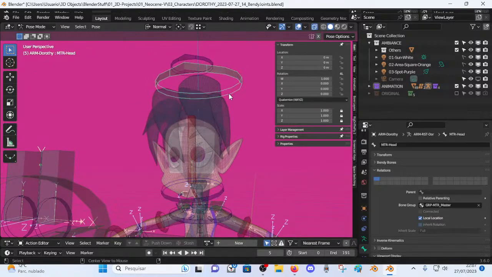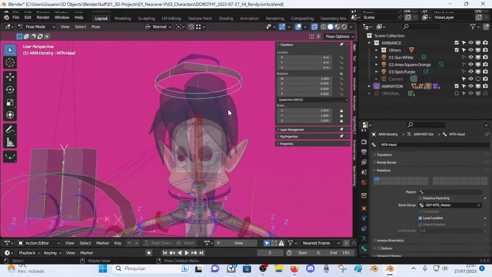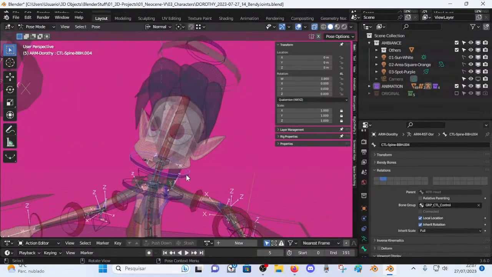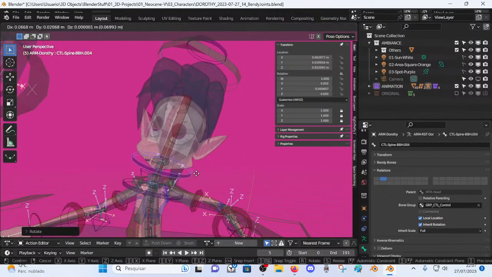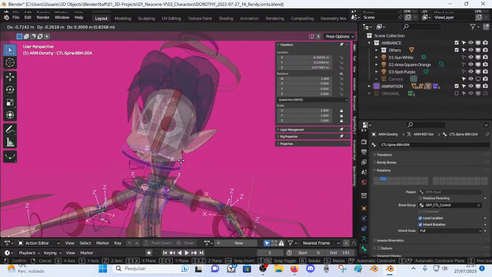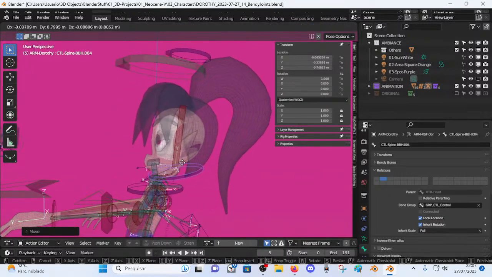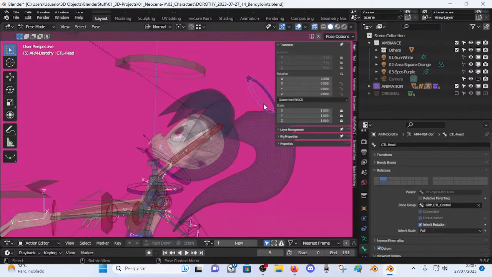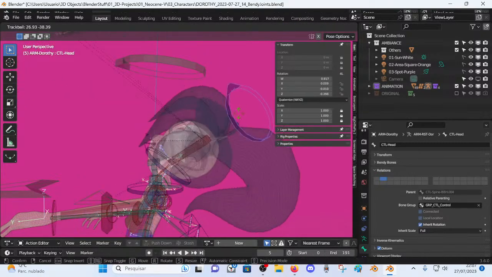And of course, we can rotate the whole spine. We can rotate the head with the neck, or change the neck even without any rotations. Or we can rotate only the head.